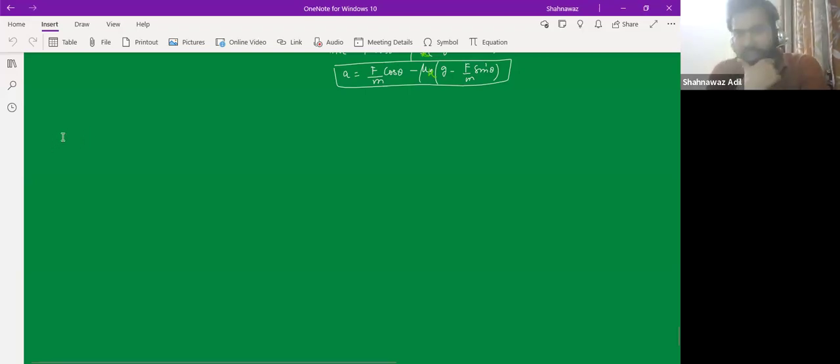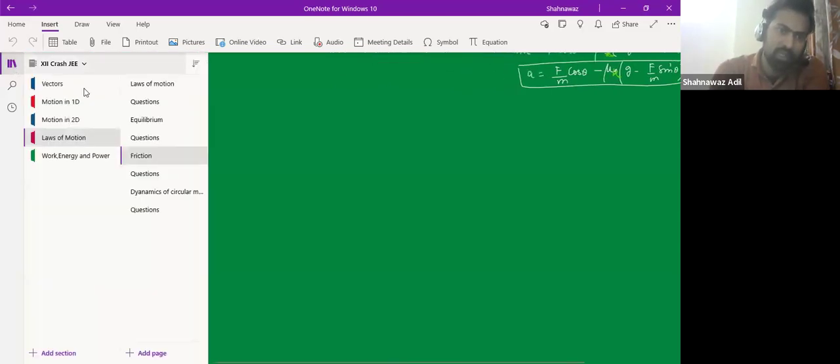So in a free body diagram, what are the forces that we don't count? If we are writing a free body diagram, what are the forces that we don't count? Yes, anyone? Yeah, so I'm saying internal forces, not.